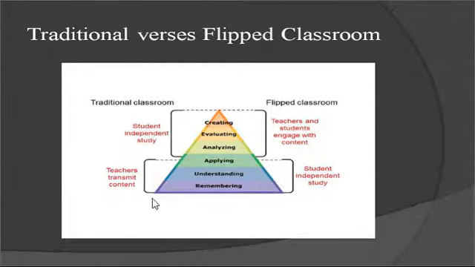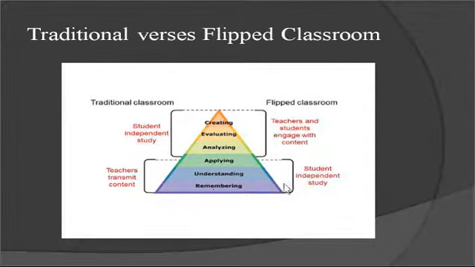What the teacher used to transmit in the classroom is only for remembering and understanding, while the other things, applying, analyzing, evaluating, creating, were given as homework. While in a flipped classroom, the concept is vice versa.